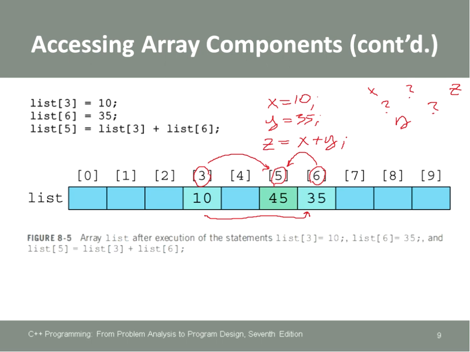So it's going to be more structured, a little bit more organized way of looking at variables. Besides that, we do not have to come up with 3 different identifier names for our variables. We still refer to every single one of them as list, list, list. But the index value will tell us exactly which item in the list we need. In that way, it can be thought of as X, Y, and Z.